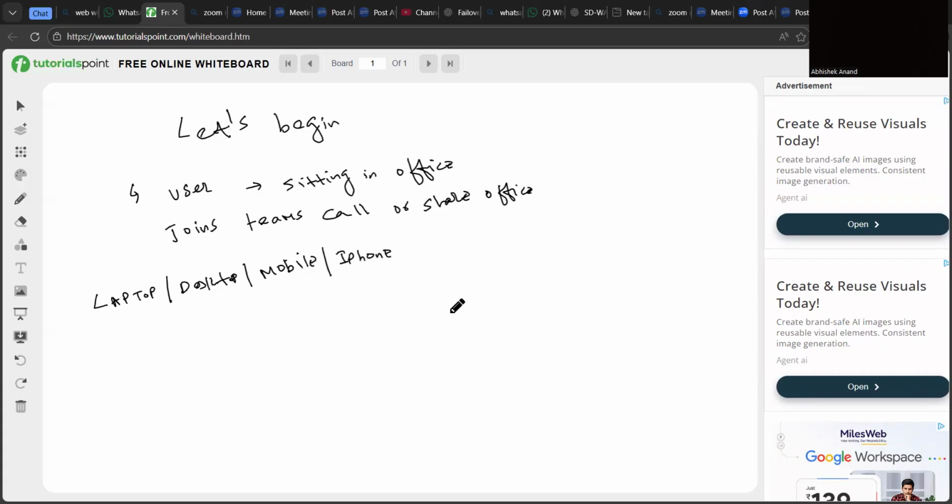what will the user do? He will click one application. The application will be like this: https://teams.microsoft.com. So he will click that, right?